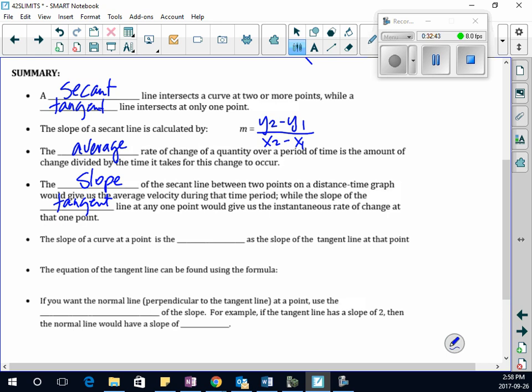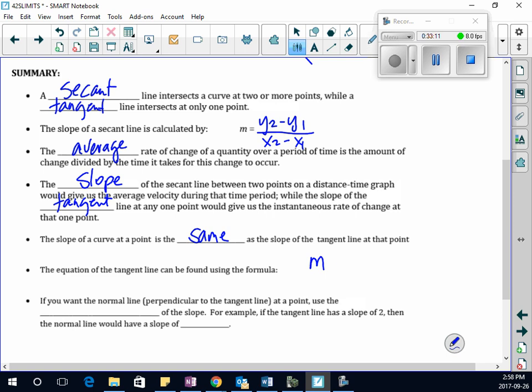The slope of a curve at a point is the same as the slope of the tangent line at that point. What is the equation of the tangent line? Yeah, so first I have to find the slope.